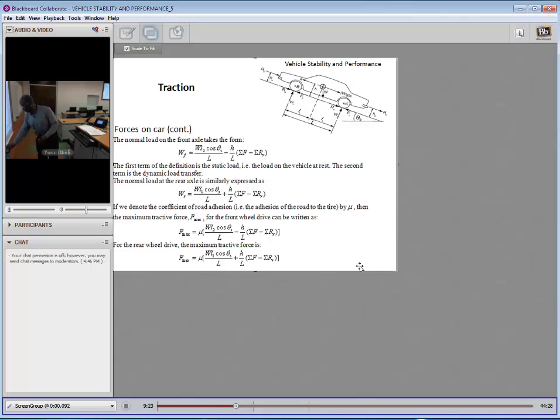The maximum tractive force for the front wheel is defined as that, and that for the rear wheel is defined as that. So we find the forces that are responsible for traction, the forces that will be in play for the parameters that have been given.